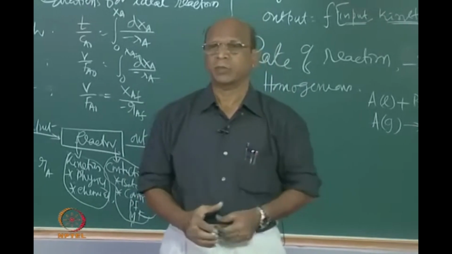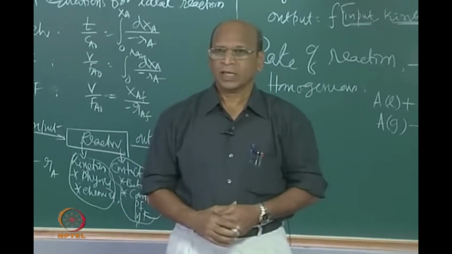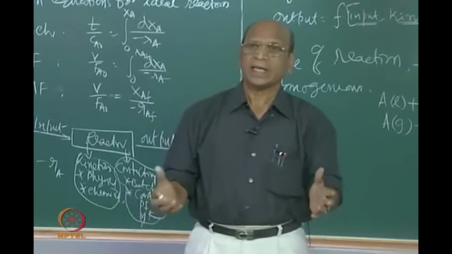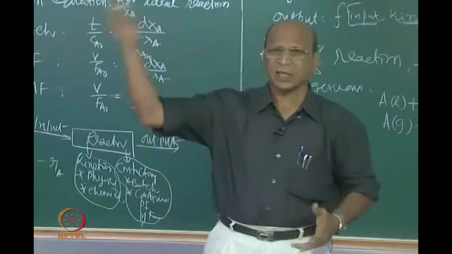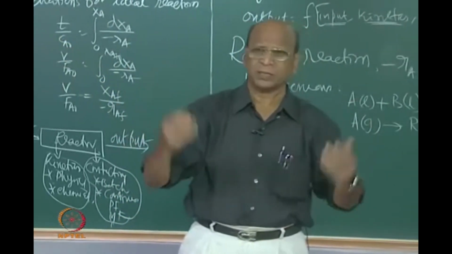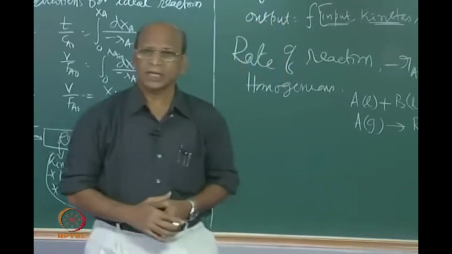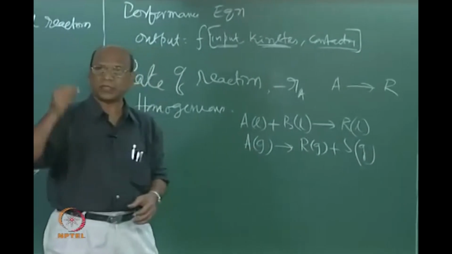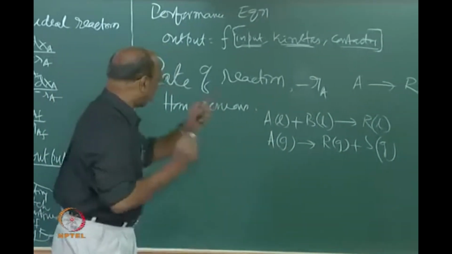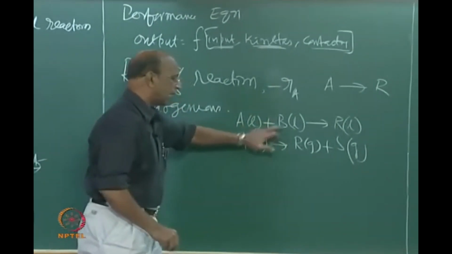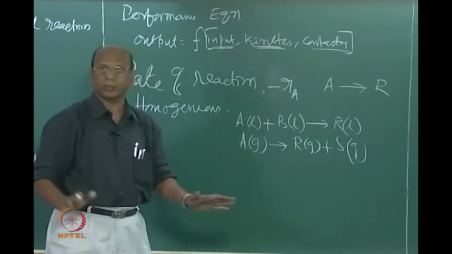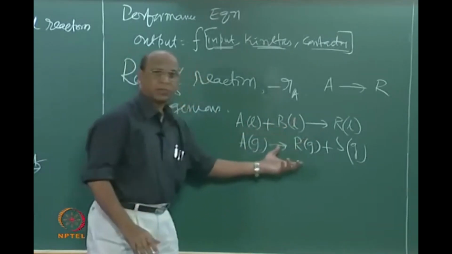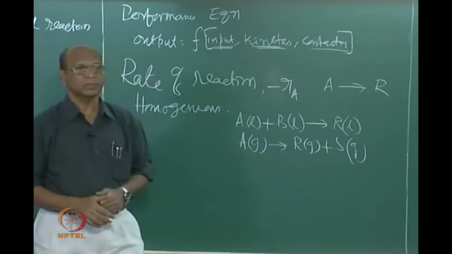You have to conduct experiments. Otherwise you will never get a rate expression. If someone already did it and you are copying, it is very easy. But reaction engineering is always associated with experiments, because the first thing I do not know is whether this reaction is elementary or non-elementary, and then what kind of rate form I will get.